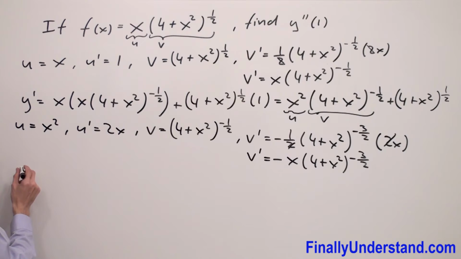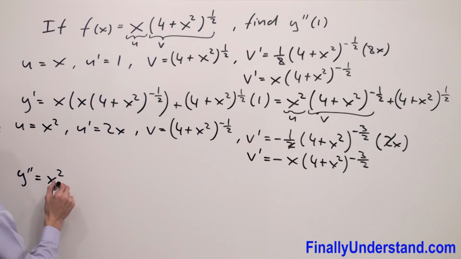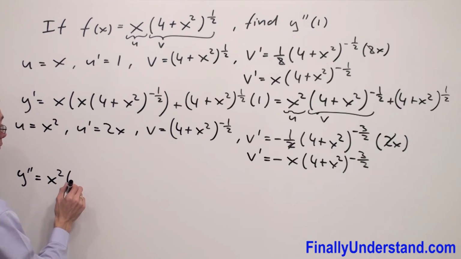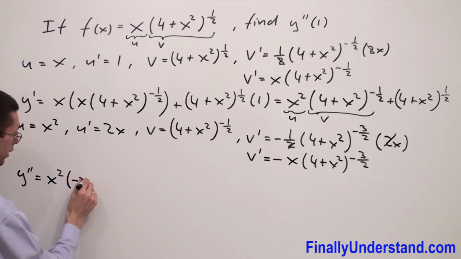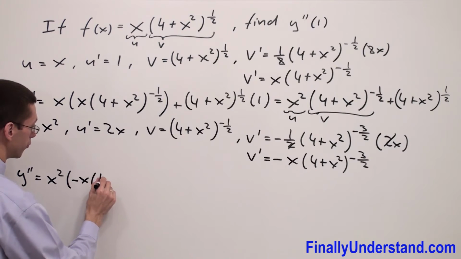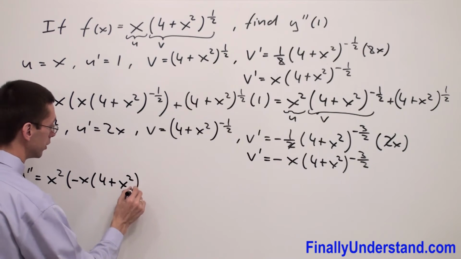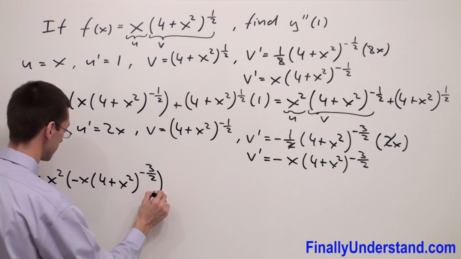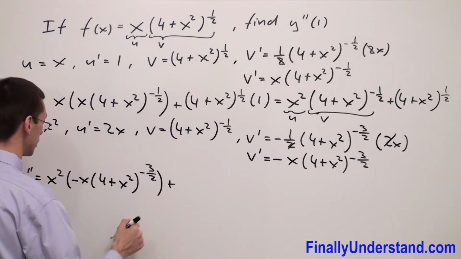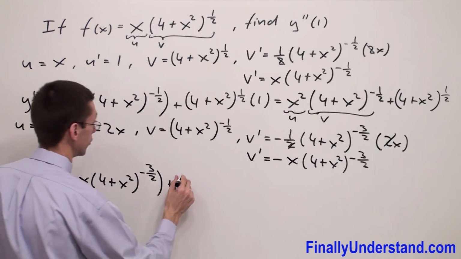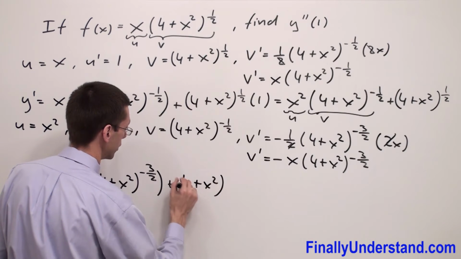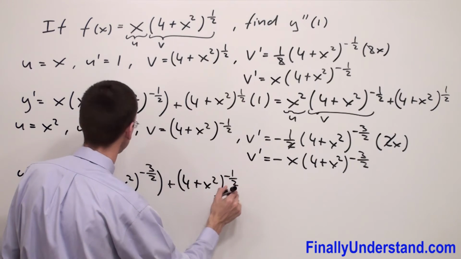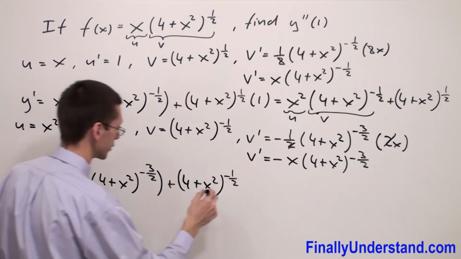So we have second derivative is equal to u, x squared, times v prime, of course, negative x, and I have 4 plus x to the second power to power negative 3 over 2, plus v, 4 plus x to the second power to power negative 1/2, times u prime, which is equal to 2x.